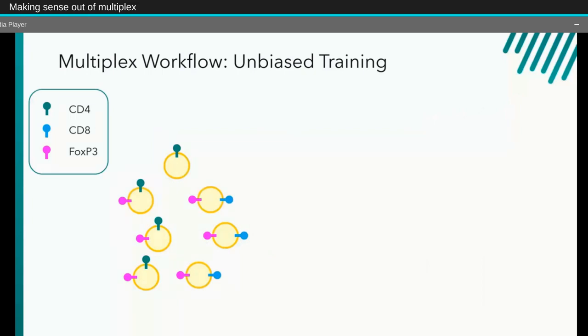For this demonstration, I'm going to go back to my original example of a 3-channel CD4, CD8, FOXP3 markers. And here you can see a combination of cells in our samples that we're going to use for training. So when the user provides these cells for training and then hits that train button, the first step is to assess the range of intensity in each channel.